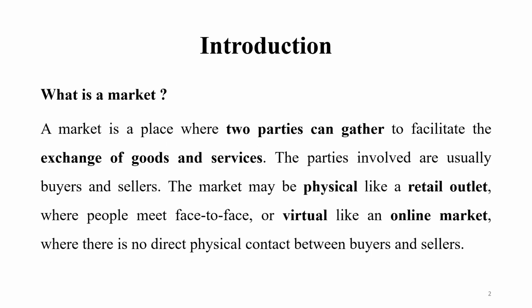Whatever the place, the purpose is to purchase a good or a service from the customer viewpoint. In contrast, from the supplier viewpoint, their objective, their aim, is to sell the good or service. Therefore, we can identify that a market is a place.